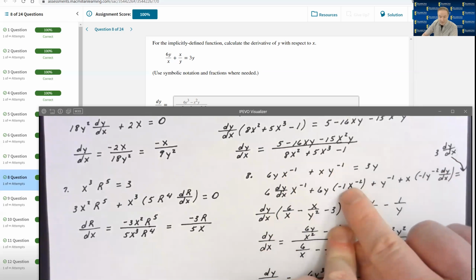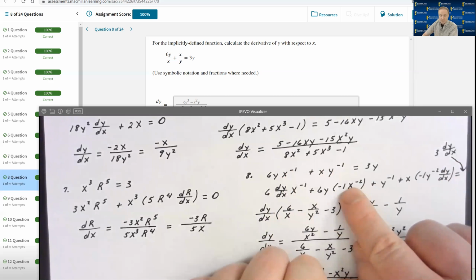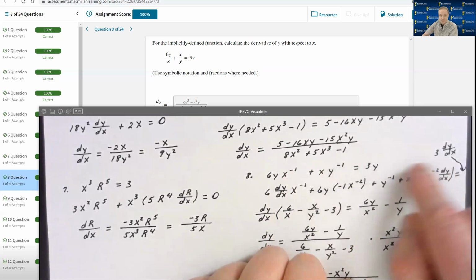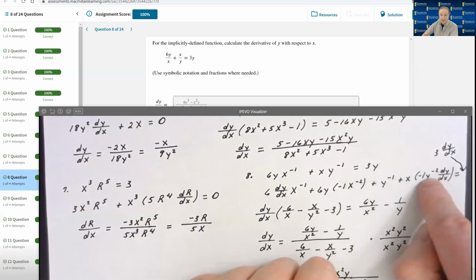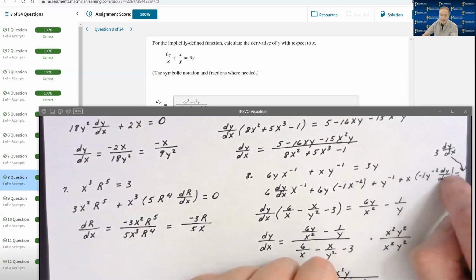Here, if you said times the derivative of the inside, it would be dx/dx, which is just a factor of 1. So this is not a different rule for derivatives of y versus derivatives of x. It's just if you tried to do the chain rule derivative here, you'd just be multiplying by a factor of 1. The derivative of the inside with respect to x is dy/dx.